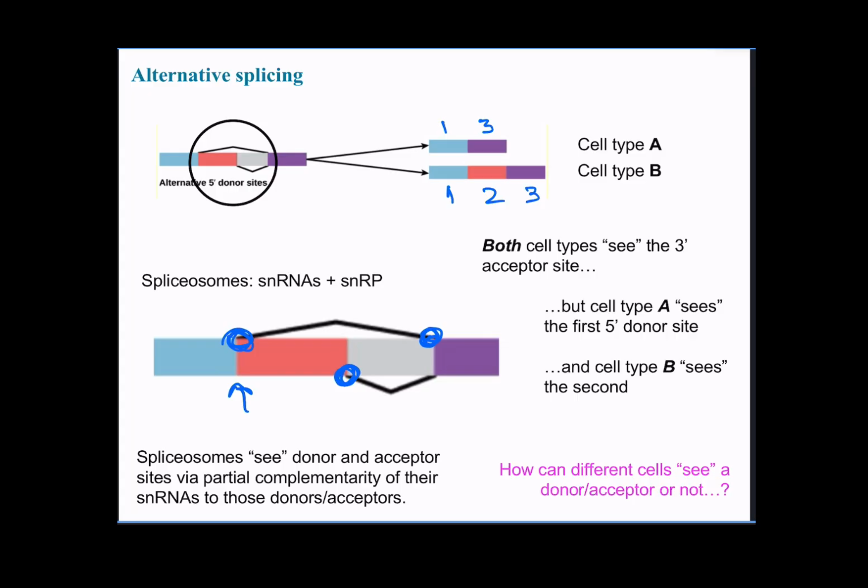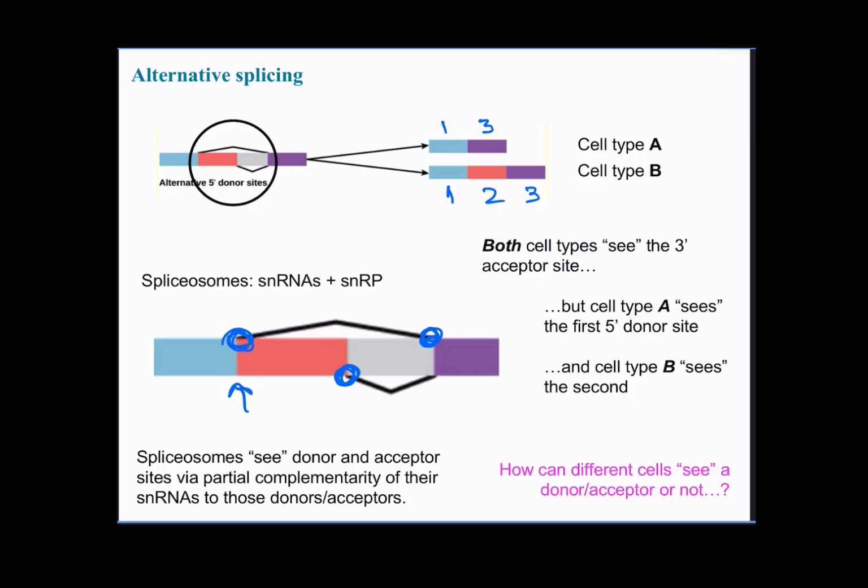The details of that we discussed when we talked about splicing during transcription and translation in eukaryotes, right? The whole cutting of the 5' end, looping, branching with the branch point, formation of the lariat, and all that. But from a regulatory perspective, different cells will splice their pre-mRNAs differently by simply seeing or not different combinations of donor sites and acceptor sites.